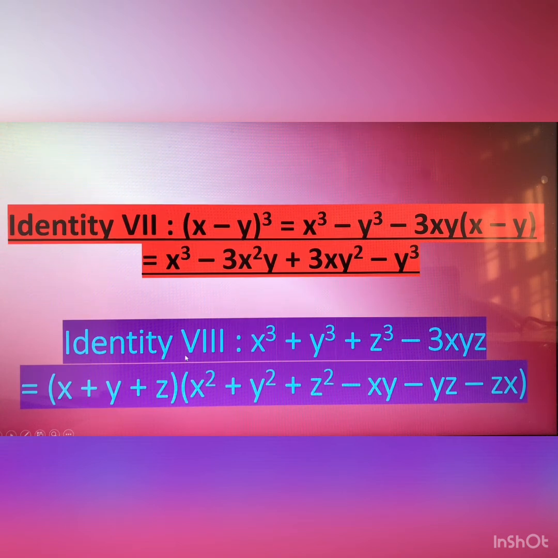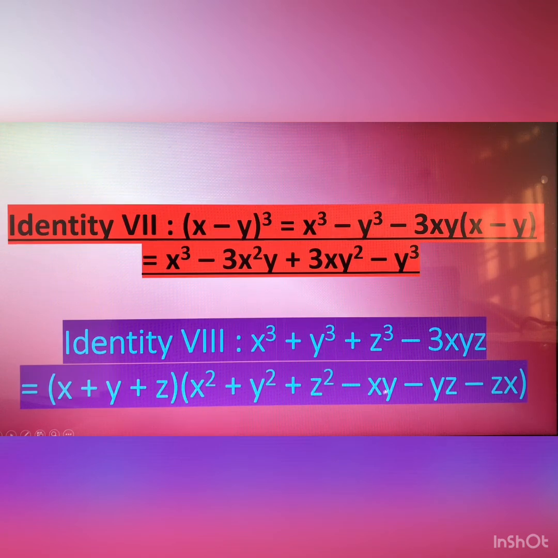And the identity number 8, that is x cube plus y cube plus z cube minus 3xyz equal to, in the first bracket you will add all these variables, that is x plus y plus z, and in the second bracket you will write the square of these 3 variables, that is first one is x square and second one is y, so y square, and third one is z, so you write z square.